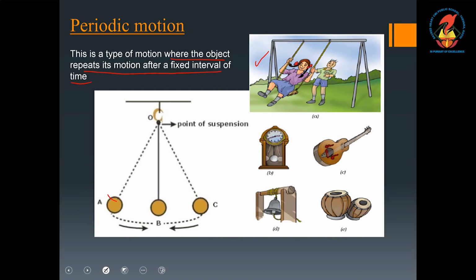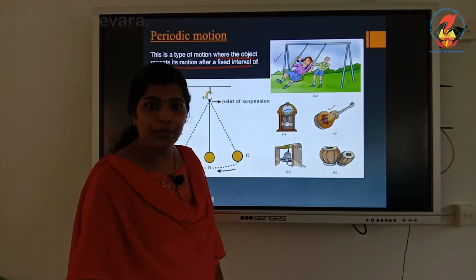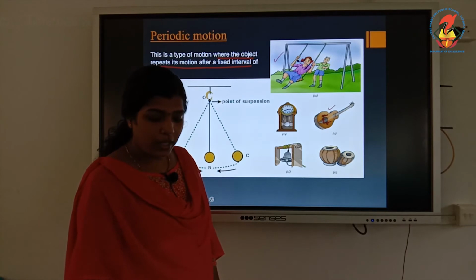When the string of this guitar is stretched and plucked, it will start vibrating, and that's also a periodic motion. Musical instruments such as guitar and sitar have stretched strings. When you pluck it, it produces sound.